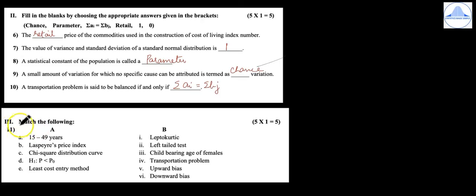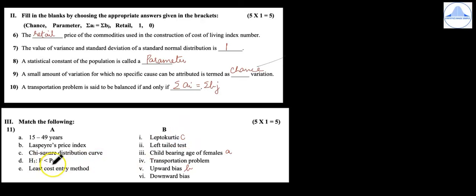10th question, a transportation problem is said to be balanced if and only if summation AI is equal to summation BJ. That is, the sum of the availability should be equal to the sum of the requirements. Third main, match the following. 5 into 1 is equal to 5. The 11th question, 15 to 49 years, that is the childbearing age of females. Laspeyre's price index, it denotes an upward bias. Then chi-square distribution curve is leptokurtic.